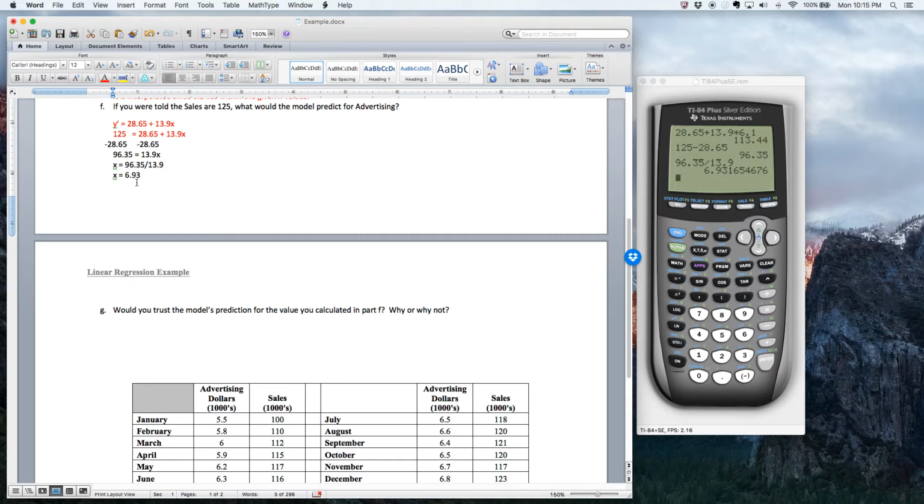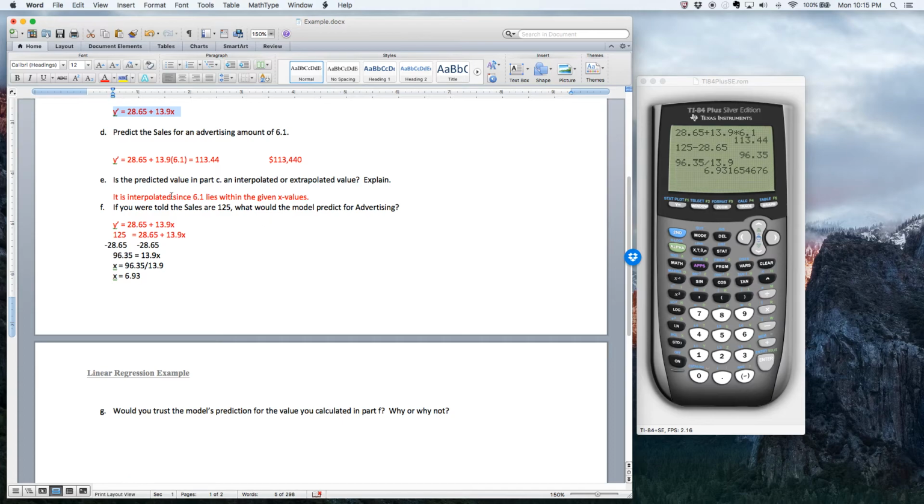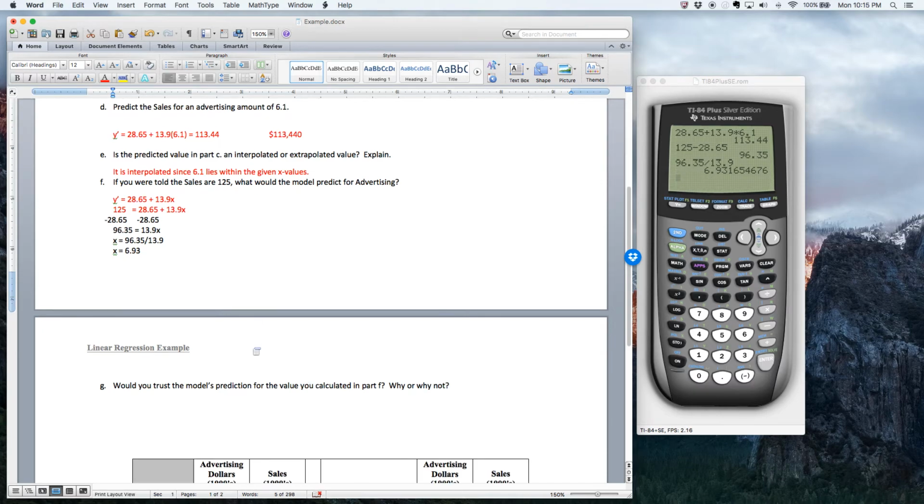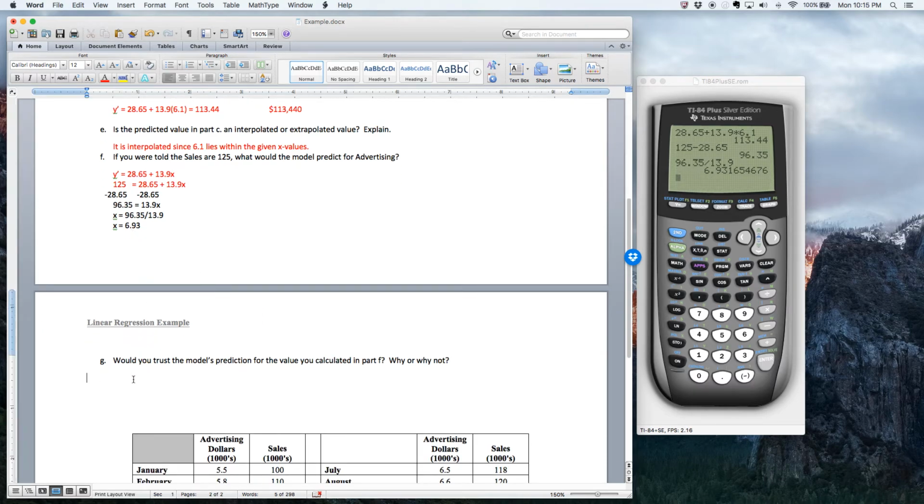Obviously that is outside of the range of values for x, meaning it is extrapolated. So the question in part E, when it talked about an interpolated or extrapolated value, the 6.1 was interpolated because it was inside that range. That 6.93 is not within that range.